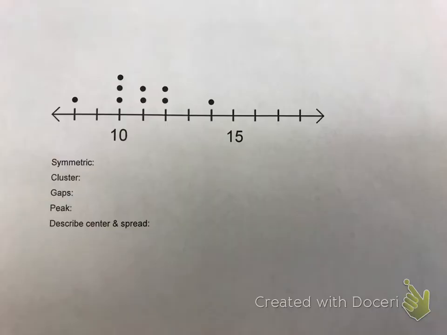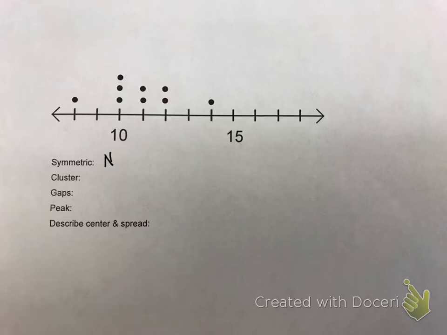Looking at another example, we have a dot plot. Because it is a dot plot, that means that we have every single piece of data that would be included, so we know all of the numbers necessary. So that means we can answer a few more of these questions. So, first question, is the data symmetric?